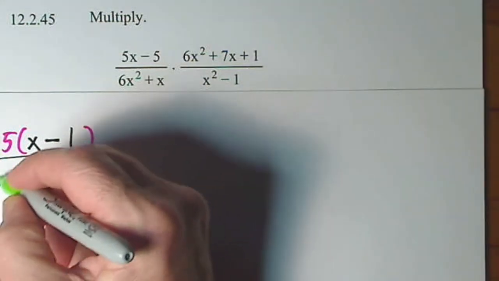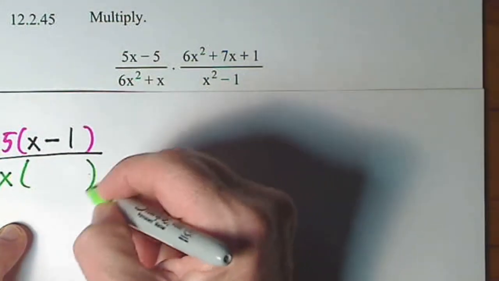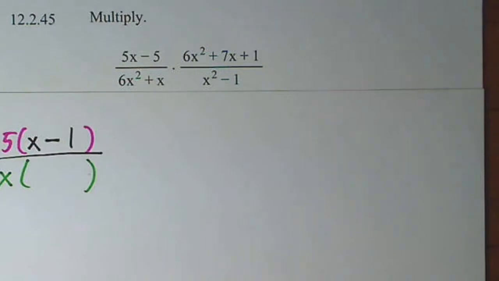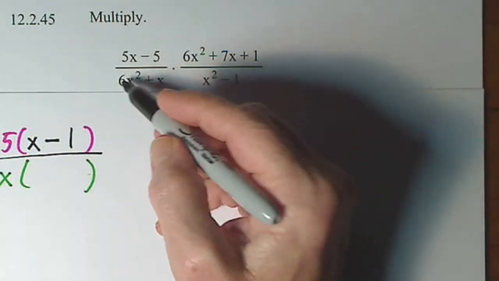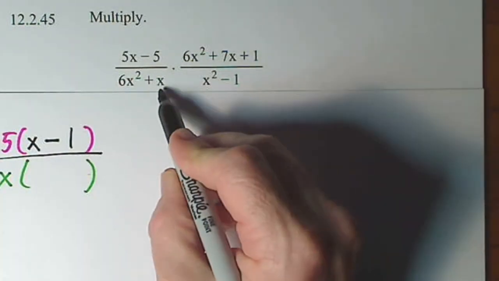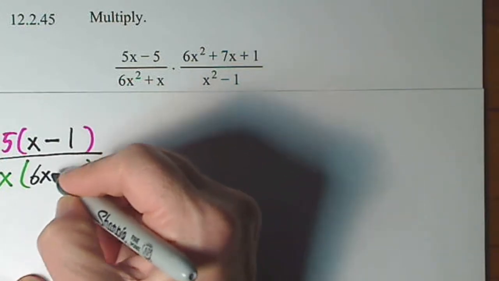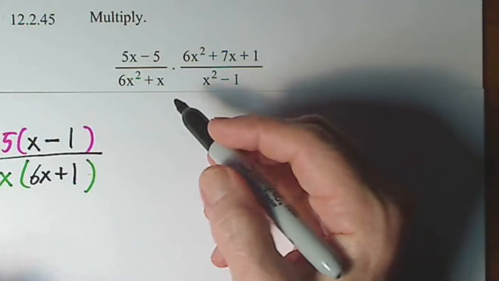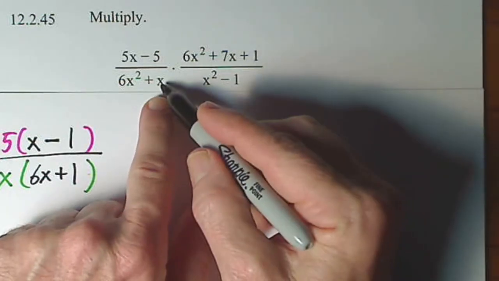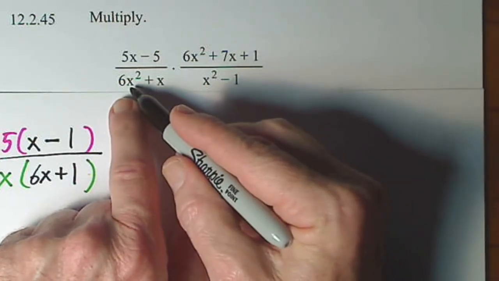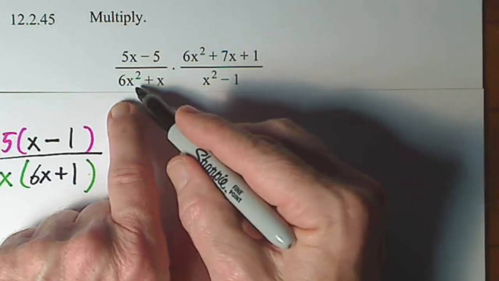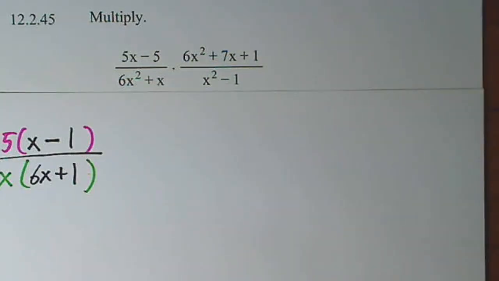So when we factor out the x, we're left with 6x plus 1, right? Again, if I factor an x out of here, I'm left with a 1. If I factor an x out of here, I'm just left with 6x. Gets rid of the squared.